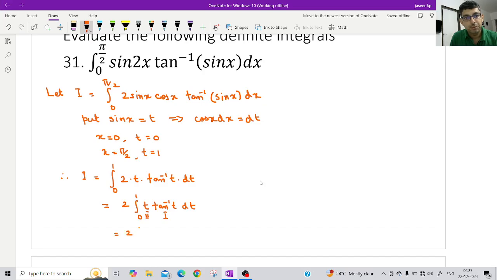So 2 into tan inverse of t, first function, into integral of second, that is t square by 2, with limit 0 to 1, minus integral, again limit 0 to 1, derivative of first function, that is 1 by 1 plus t square, into integral of second, that is t square by 2 dt.